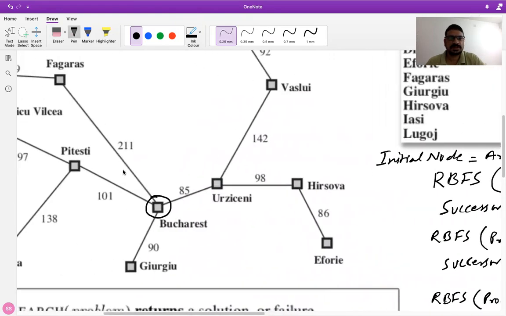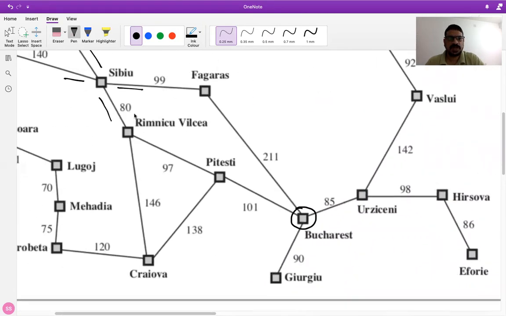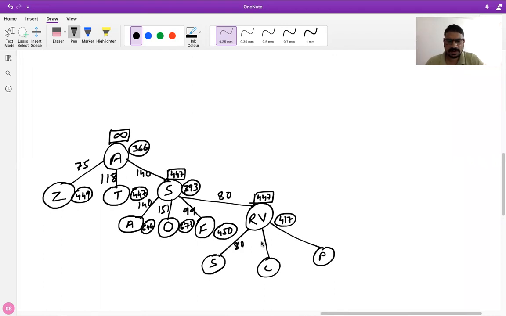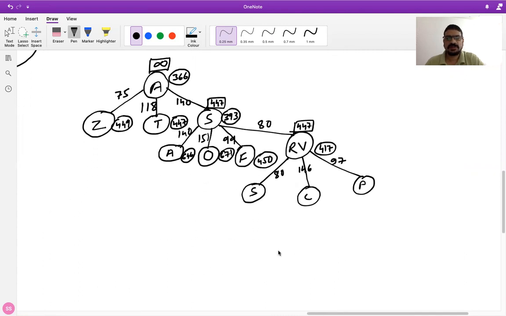Let's write down the path cost. Individually, it is for Suboi 80, 146 and 97. Now I'll calculate the F value.